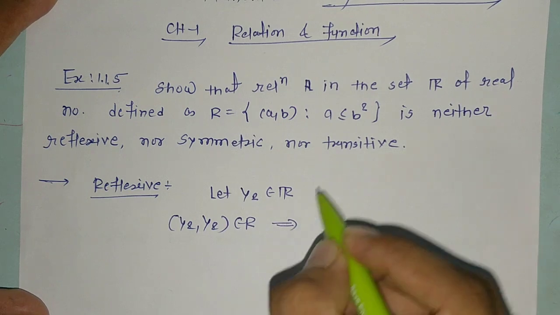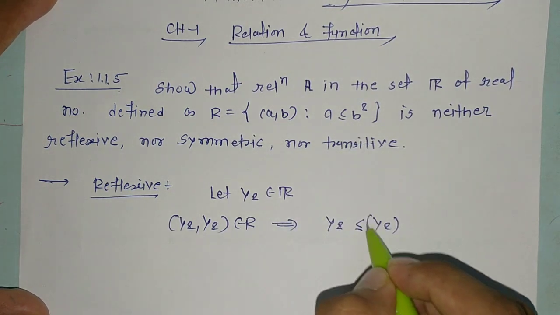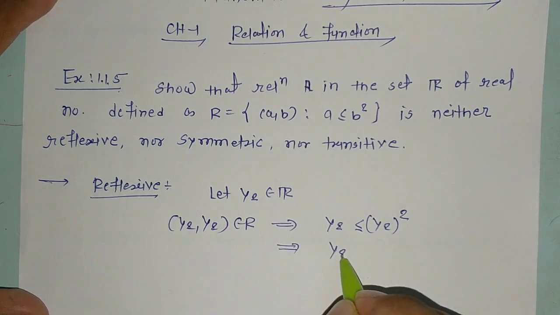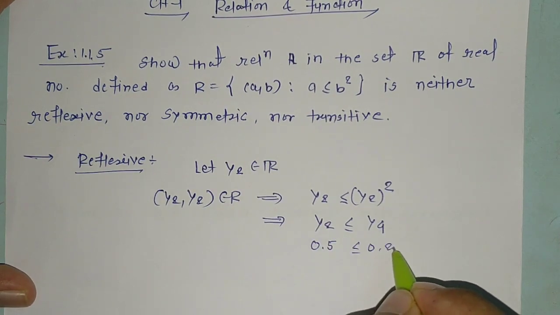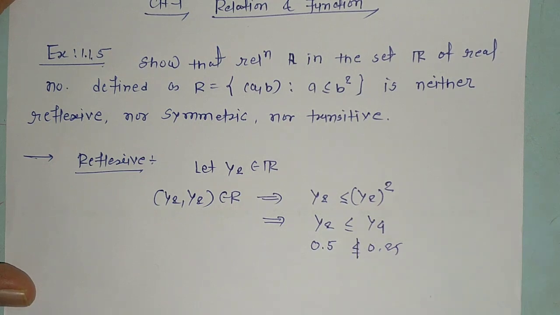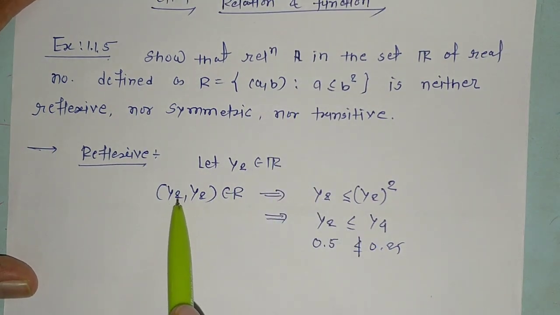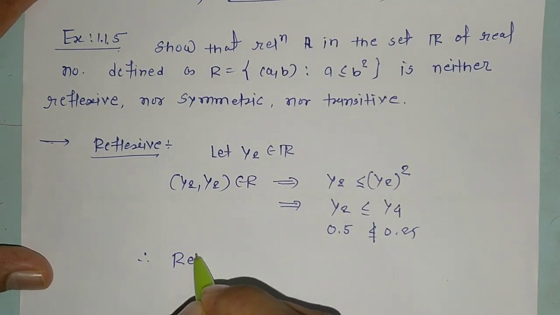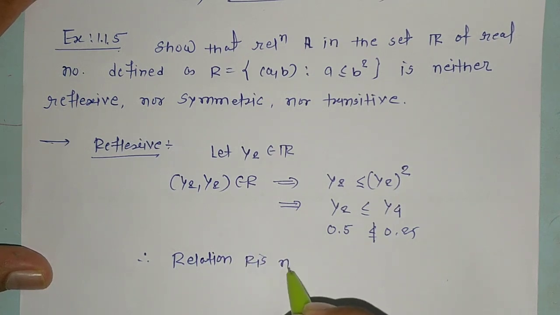If we apply the condition, 1/2 is less than or equal to (1/2) whole square, that will give me 1/2 less than or equal to 1/4. Over here 0.5 and over here 0.25, which is false. So this relation does not hold for element 1/2. Therefore relation R is not reflexive.